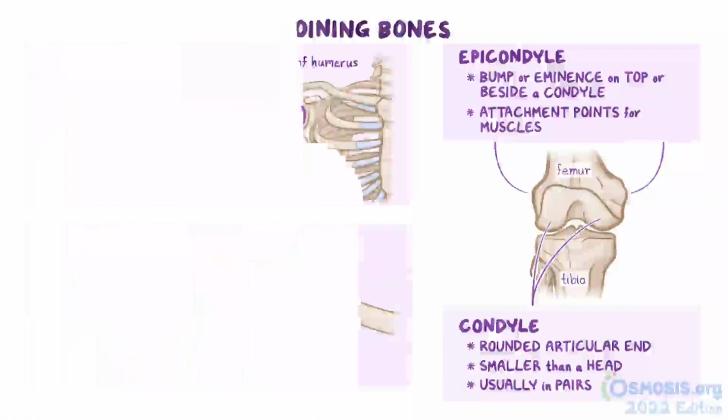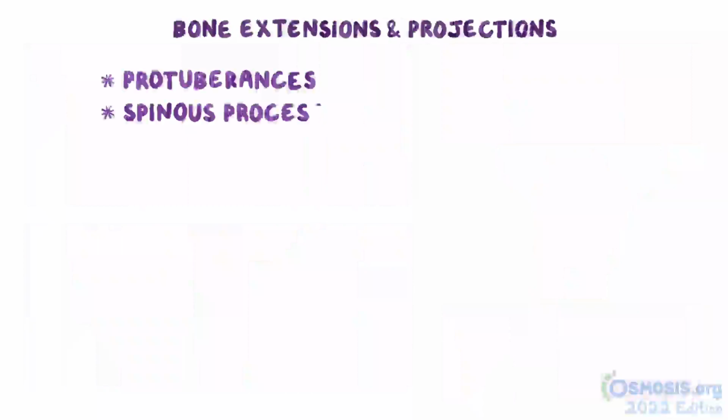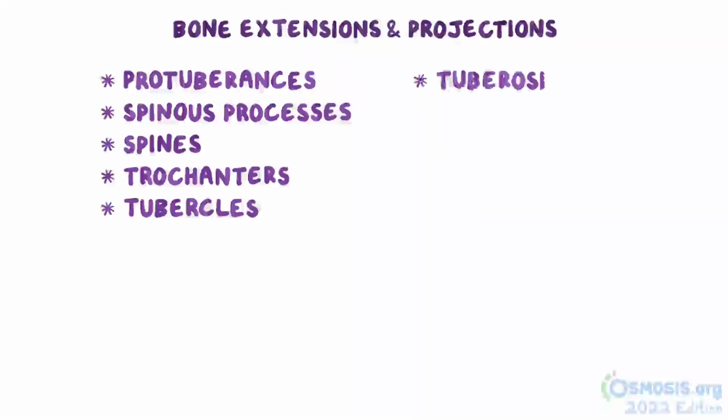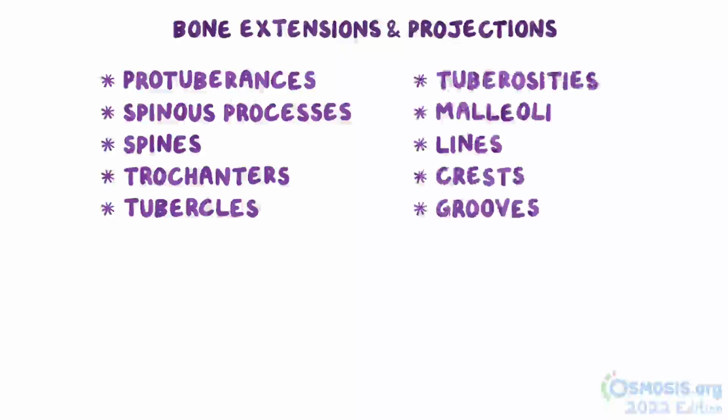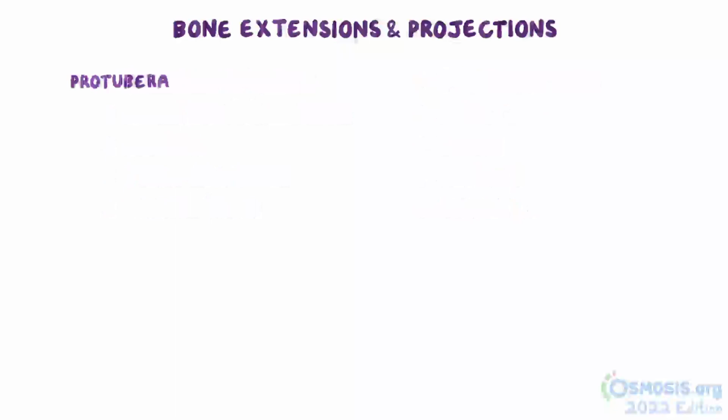Alright, now the next category on the list are bone extensions and projections, which include protuberances, spinous processes, spines, trochanters, tubercles, tuberosities, malleoli, lines, crests, and grooves. Let's start with a protuberance, which describes a protruding part of a bone.